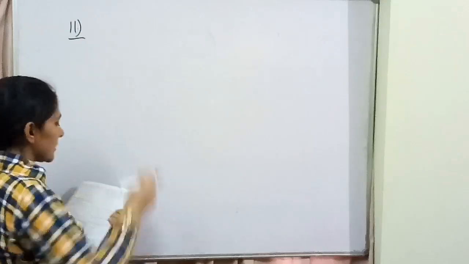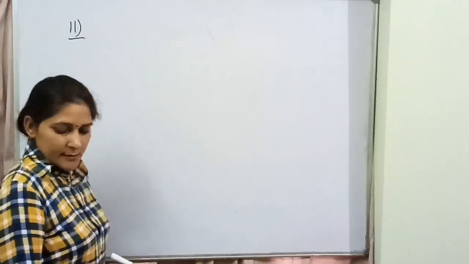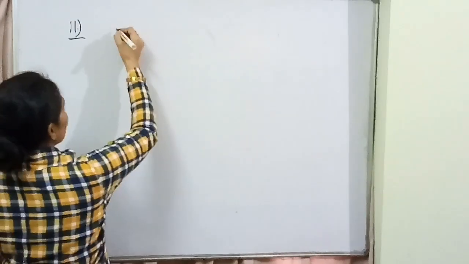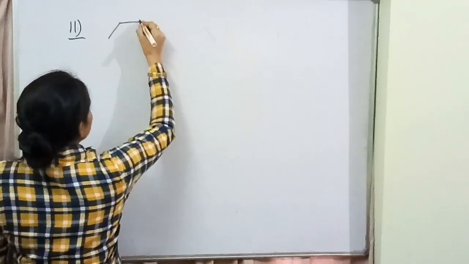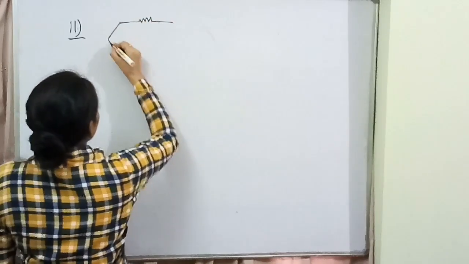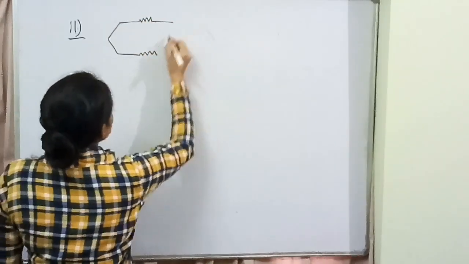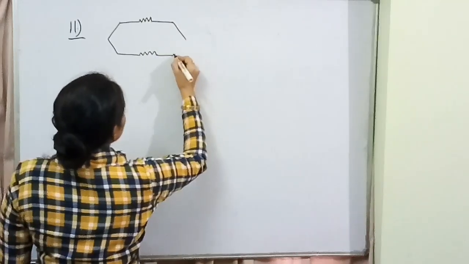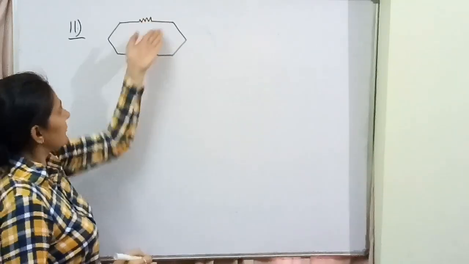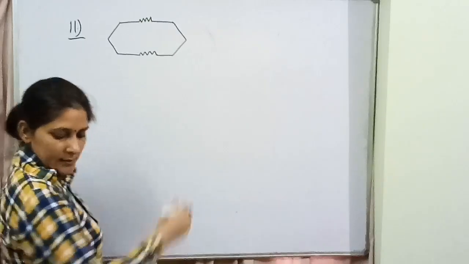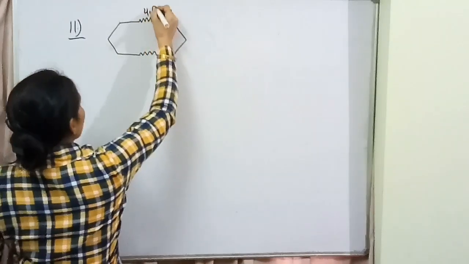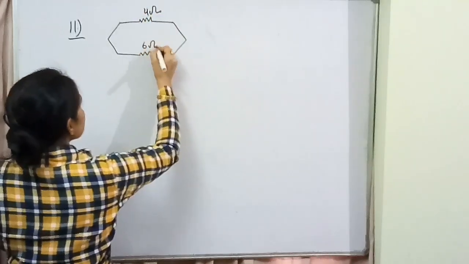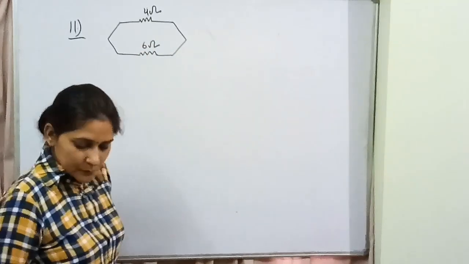Two resistors of 4 and 6 ohm are connected in parallel. So I can draw it this way. One resistor is this, another resistor is this. These two are connected in parallel. They are saying one is 4 ohm, write down the value here, 4 ohm, another one is 6 ohm, right?